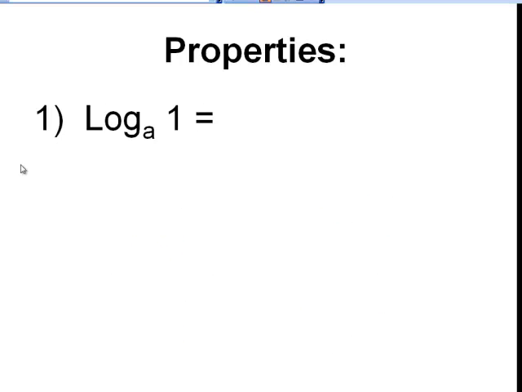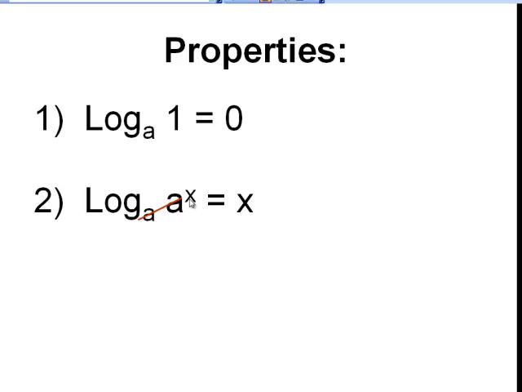Now there are some properties. Anytime you have log base a of 1, you're going to get 0, because a to the 0 is equal to 1. Anytime you have these two the same, they're going to essentially cancel out, because you're going to have a to some power is a to the x, so they'll cancel out, and you get x, whatever the power is.